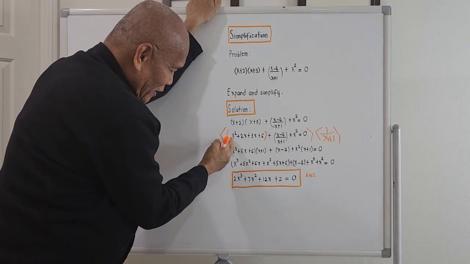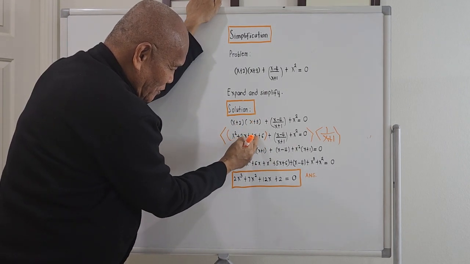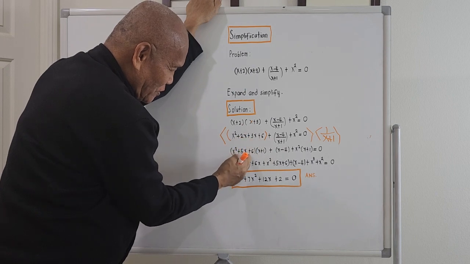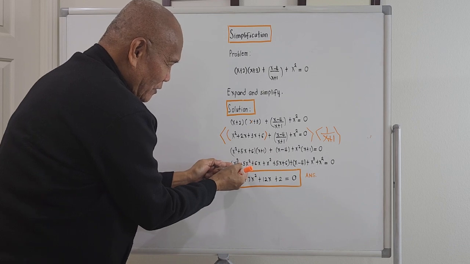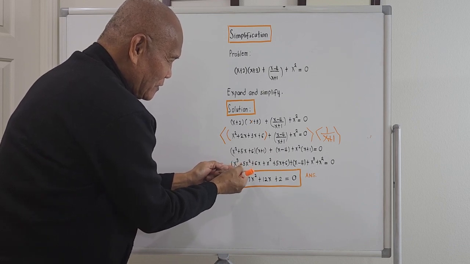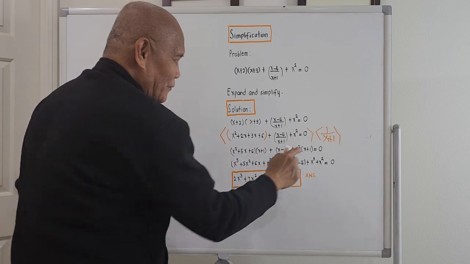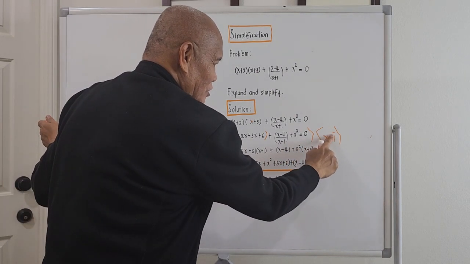So x squared, 2x plus 3x will be 5x, plus 6, all under one quantity. Sorry, I noticed my error.